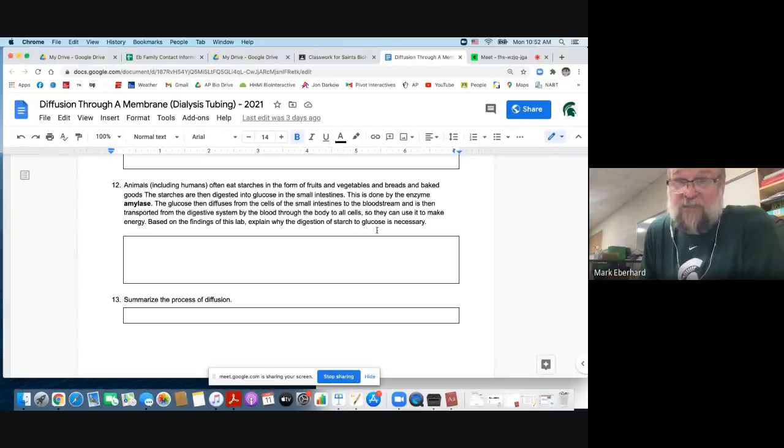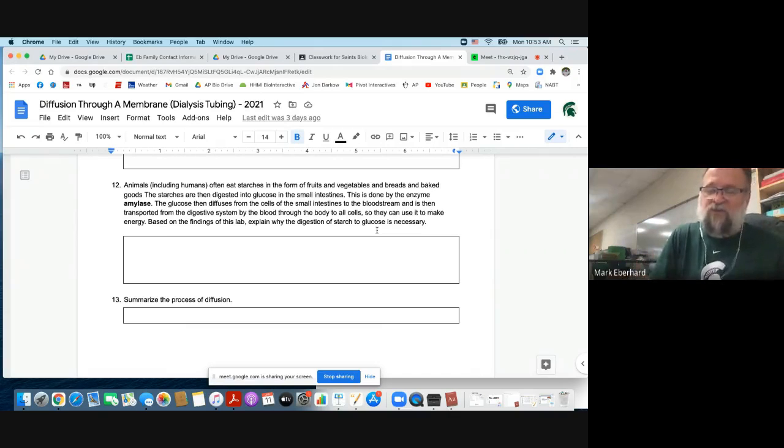The whole point of the digestive system is to take those large macromolecules, those large polymers, and break them into small monomers, because the monomers are what we can absorb. They can pass through the membrane. Proteins are too big to pass through the membrane. Amino acids can pass through the membrane. DNA and RNA are too big to pass through the membrane, but nucleotides can pass through the membranes.